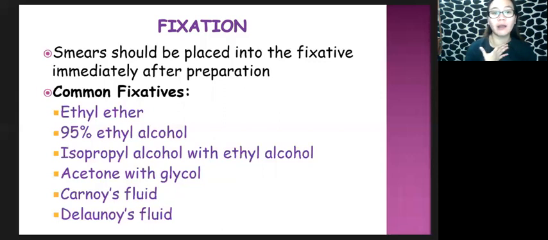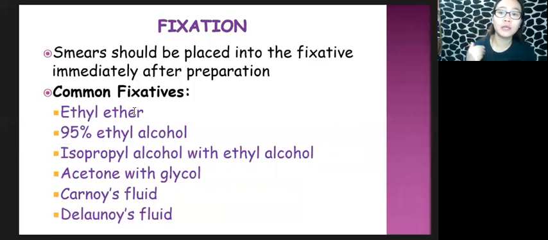Actually, the one that is recommended is really your ethyl ether. However, we all know that using ether in the laboratory is already being avoided. As much as possible, we don't want to use ether in the laboratory because it's an explosive, diba?